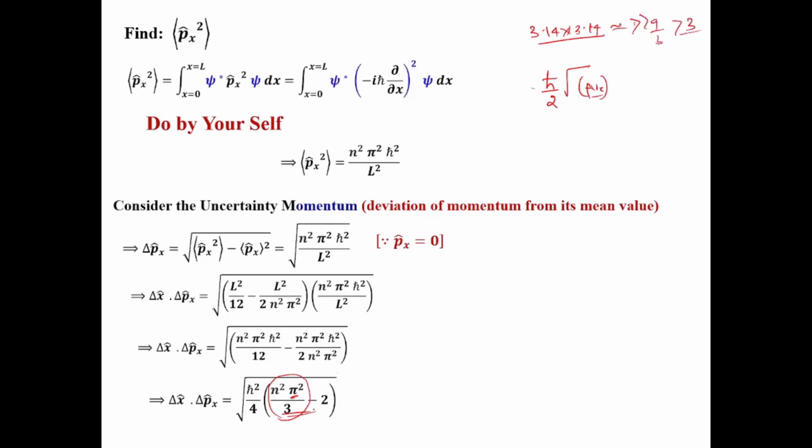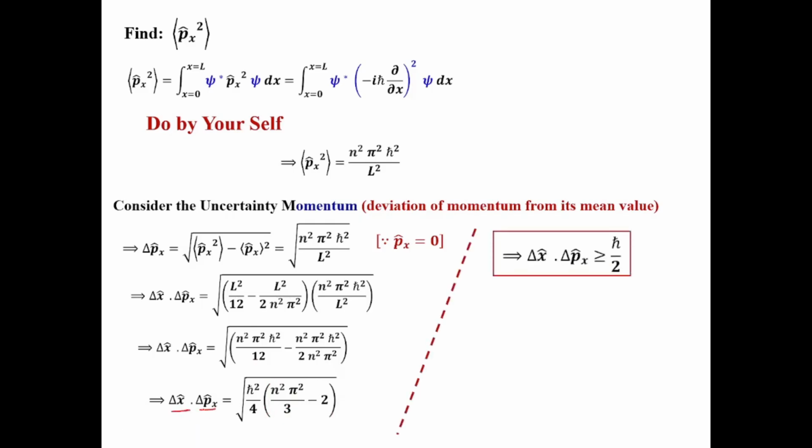So this bracket value is obviously positive. Hence del x into del px, uncertainty in position into uncertainty in momentum, will be greater than the root of h cut square by 4, which is h cut by 2, and this value is approximately greater than or equal to 1 if you calculate, right?